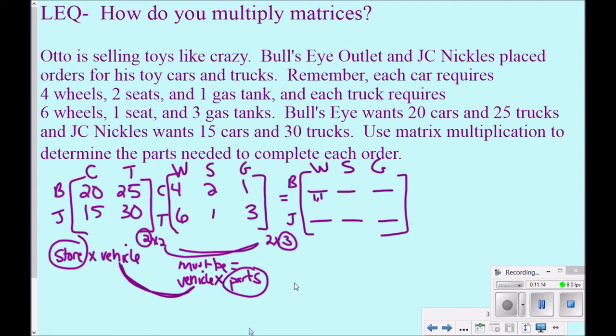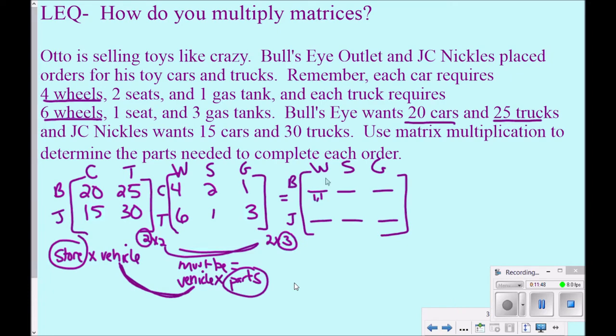So if I'm thinking in this problem in terms of just common sense and what we would do if we hadn't set up matrices, I kind of already said that a minute ago. If I want 20 cars and 25 trucks, and I know that each car needs 4 wheels and each truck needs 6 wheels, then I can just use some common sense here, and these numbers are small enough that I could figure out the number of wheels needed to fill Bullseye's order without even using matrices.